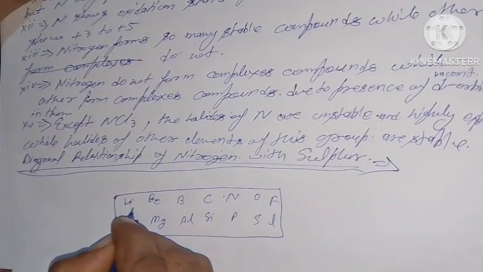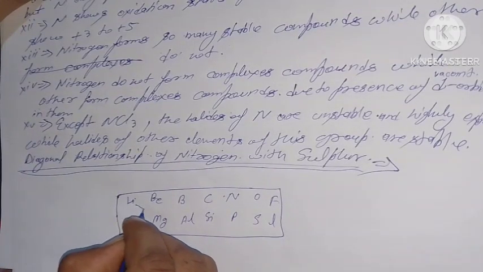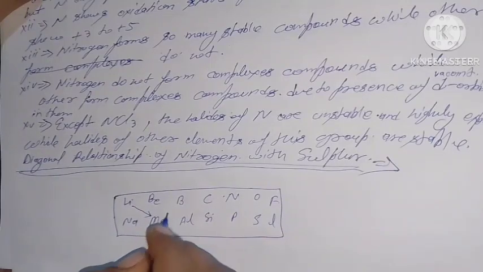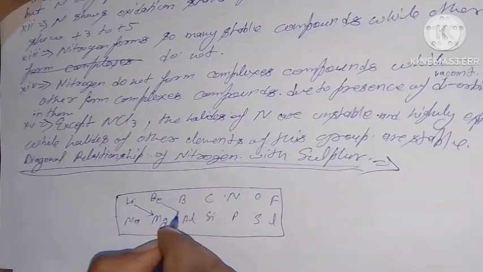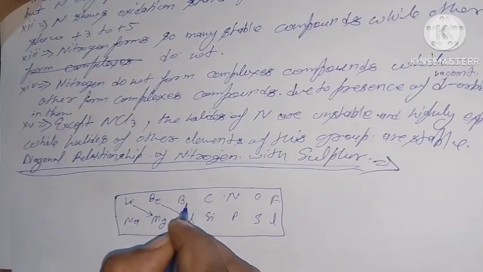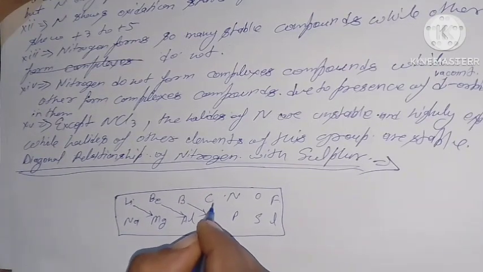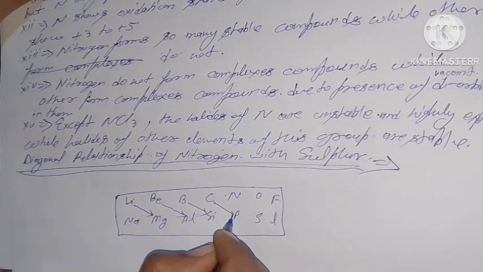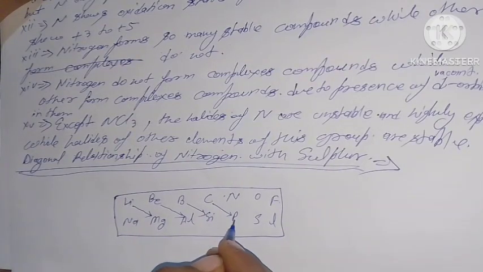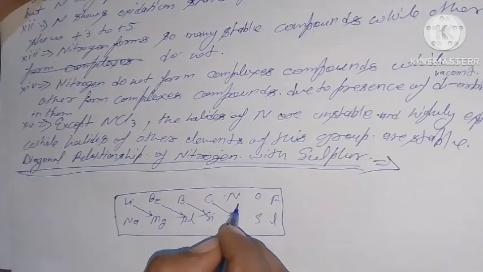Lithium is diagonally related to magnesium, beryllium to aluminum, boron to silicon, carbon to phosphorus, nitrogen to sulfur, and oxygen to chlorine.